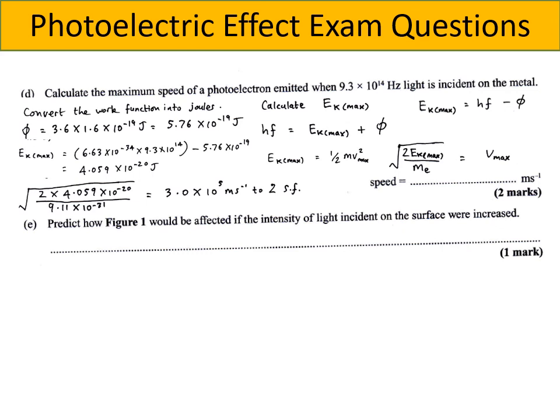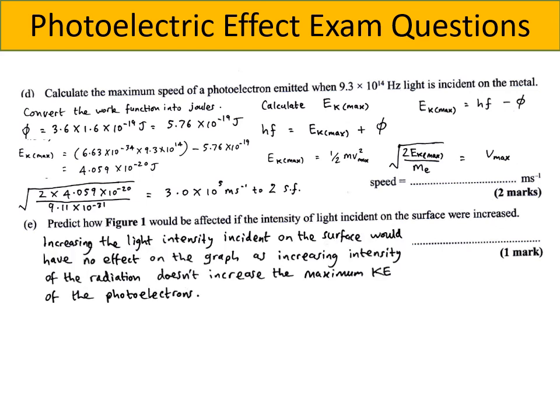Okay. E. Predict how figure 1 would be affected if the intensity of light incident on the surface were increased. So we've come across this quite a few times, that the light intensity certainly hasn't got any effect on the energy of the photoelectrons that will be released. So increasing the light intensity incident on the surface would have no effect on the graph, as increasing intensity of the radiation doesn't increase the maximum kinetic energy of the photoelectrons.